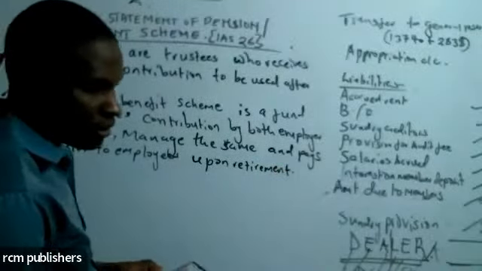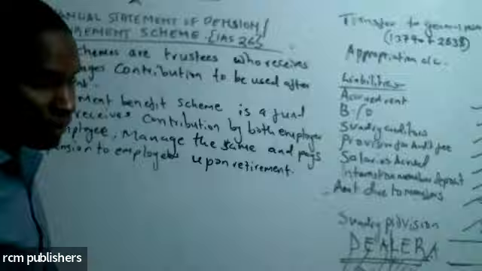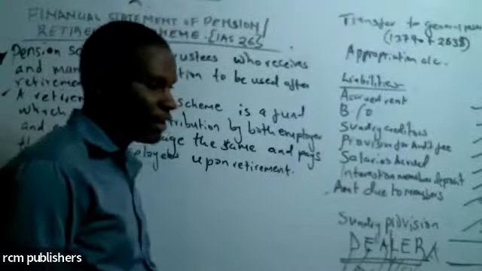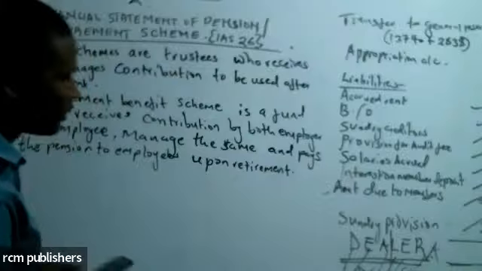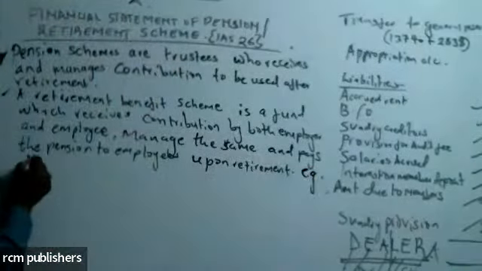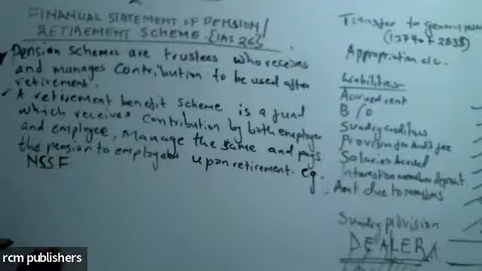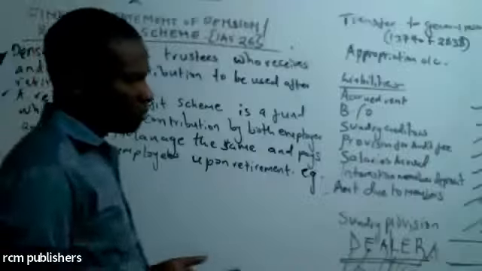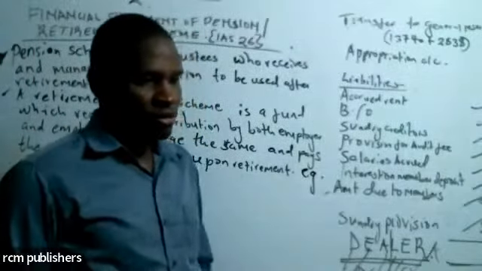Who can give me a good example of this fund or scheme in Kenya? The fund, NSSF, e.g. NSSF. That is a good example. How much are you charged if you are earning above, is it 36,000? 6%, right? 6%.